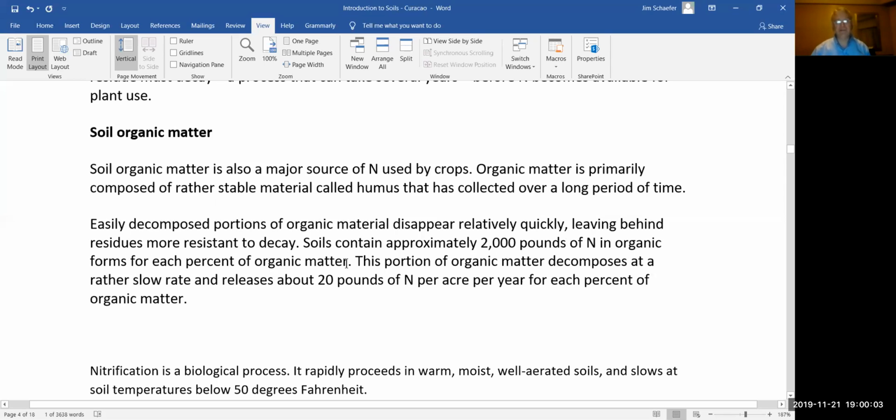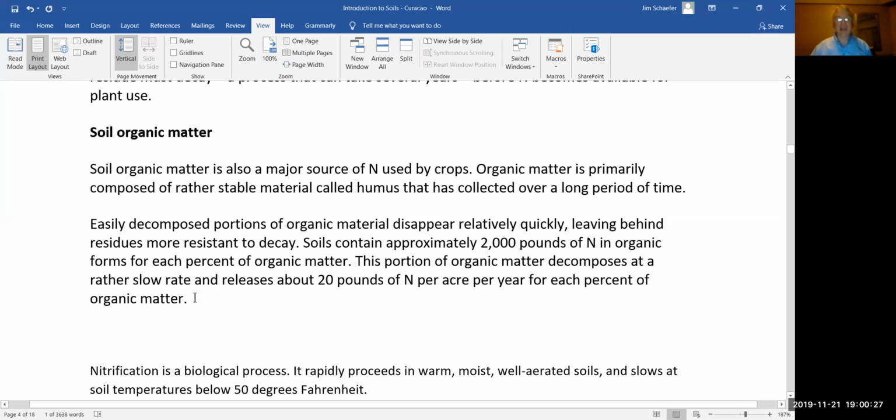That's a lot of nitrogen, but it has to be liberated. In order to liberate it, you need biological life in your soil. This portion of organic matter decomposes at a rather slow rate and releases about 20 pounds of nitrogen per acre per year for each percent of organic matter.